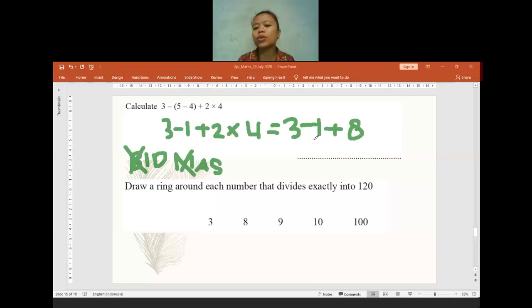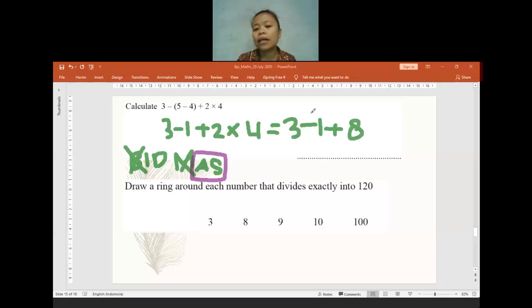Now, what calculation do I have to do? Can anyone tell me? Is it subtraction or addition first? Someone said subtraction, someone said plus. Remember, addition and subtraction are on the same level. When they are on the same level, whatever comes first in the calculation, we do first.